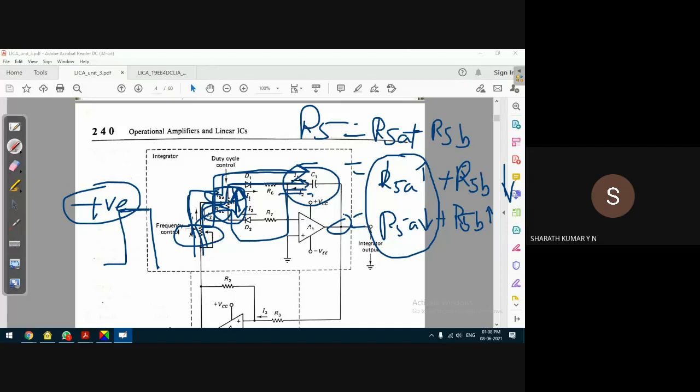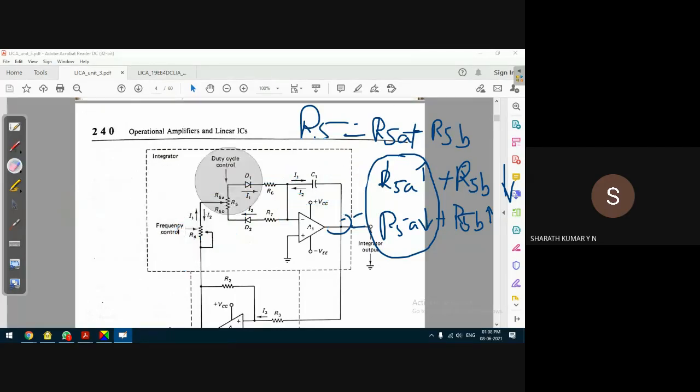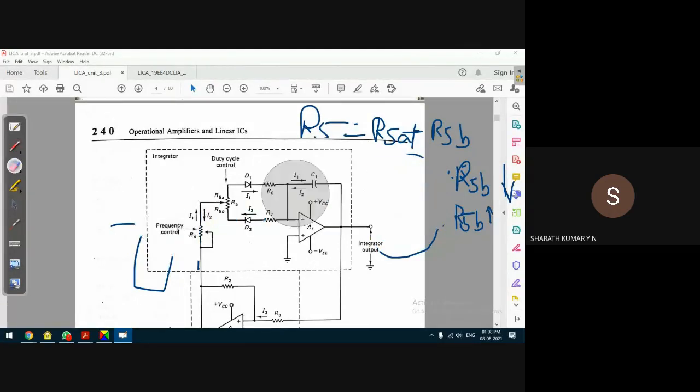When the output of the symmetrical circuit is negative, the diode D2 is forward biased, this end will be negative and this end positive. That means the capacitor will discharge through R5B.